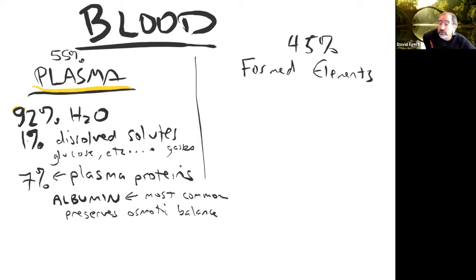And we also know what's going to happen: the plasma is going to leak out of the vessels into the tissues, or water will get sucked out of the tissues into the blood vessels. So it's important that our plasma is 0.3 osmolar. And this albumin protein helps balance the osmolarity of the plasma to make sure that it hits that target so we don't have water moving someplace we don't want it to move.